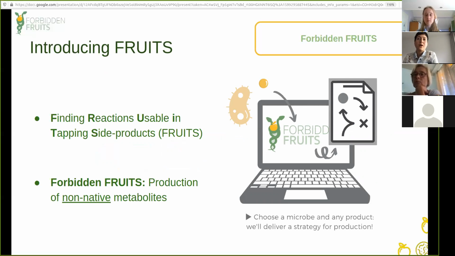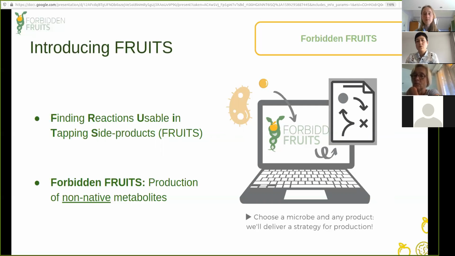And so what is the role of our project Forbidden Fruits here? So first, we are basing our work on the FRUITS algorithm, which was developed in the microbial physiology lab at UBA, and it uses a different strategy to achieve growth coupling, which only allows it to produce compounds that are already part of the metabolic network of the microorganism.